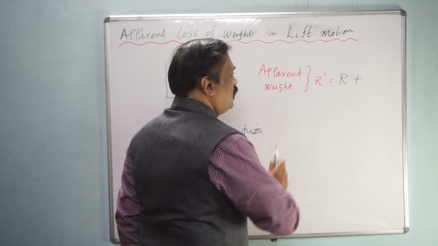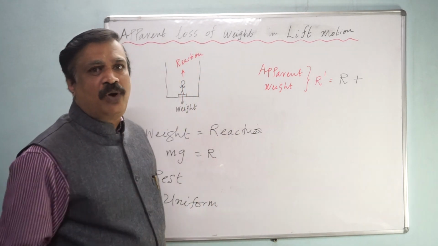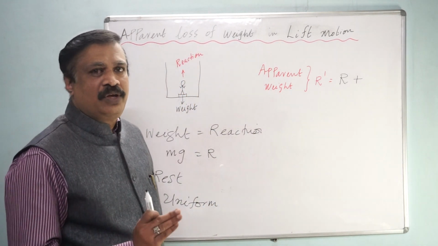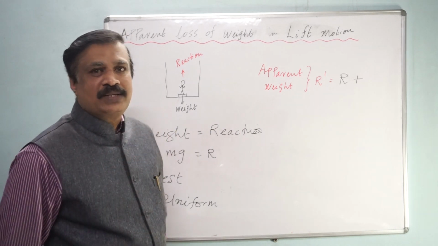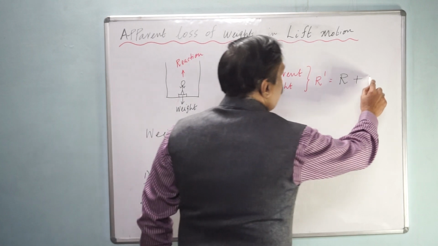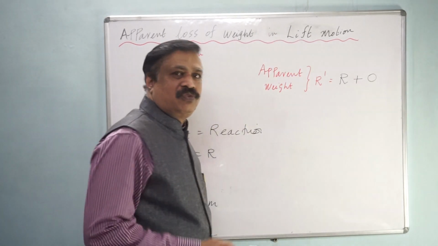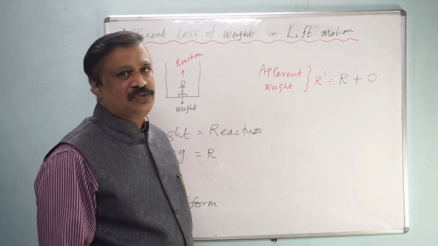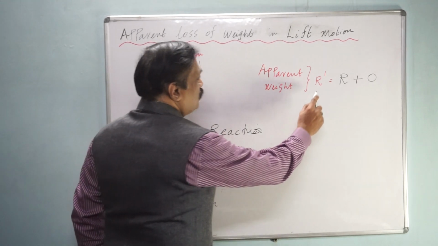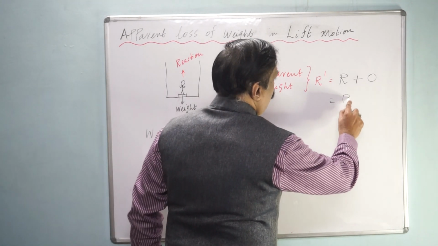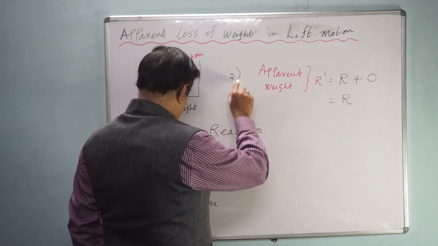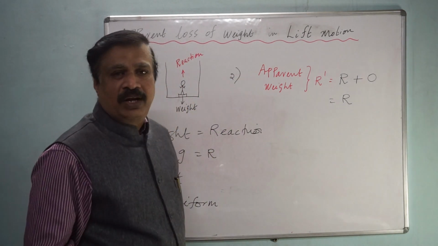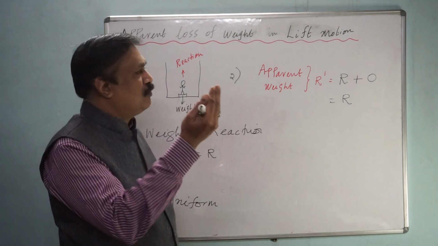Now here the lift is moving with uniform velocity. Uniform velocity means there is no acceleration. Therefore, no acceleration means the external force is 0. Therefore, R dash equal to R only. This is for the second case, for uniform velocity.